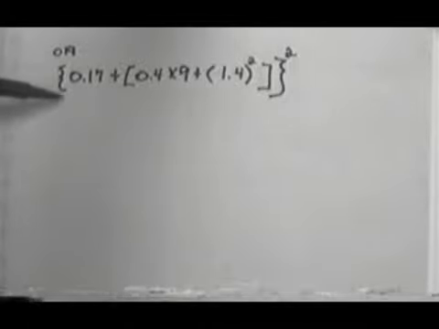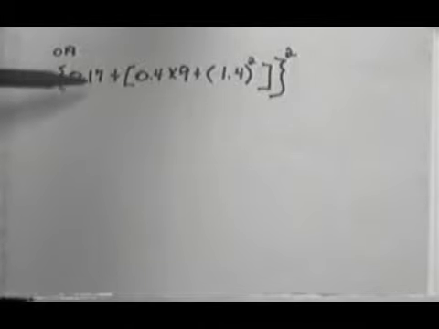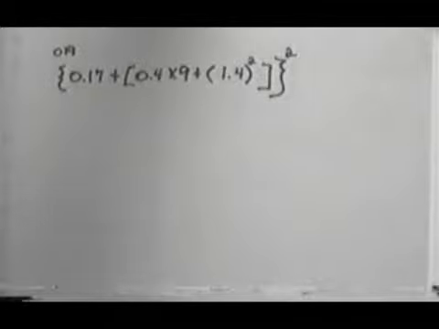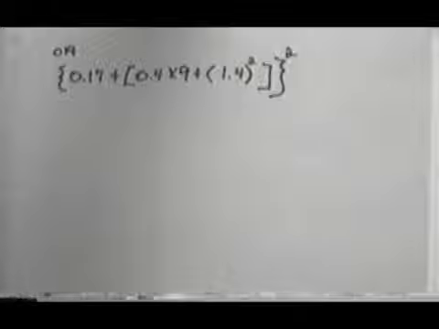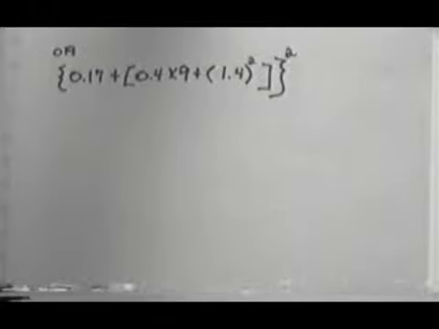We have braces and then 0.17 plus brackets 0.4 times 9 plus parentheses 1.4 squared, then close parentheses, well, we're just squaring 1.4. Then we have the bracket closed, and then the braces closed, and then a squared outside the braces.